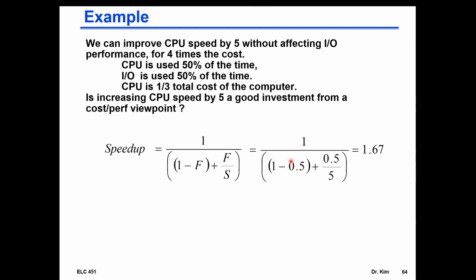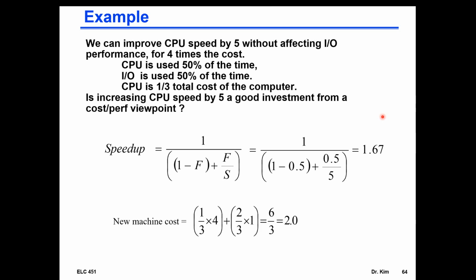So this is the I/O, the 50% that is not being changed. The other 50% is being sped up or improved 5 times. So we get an overall speed up of 67%, okay? 1.67.